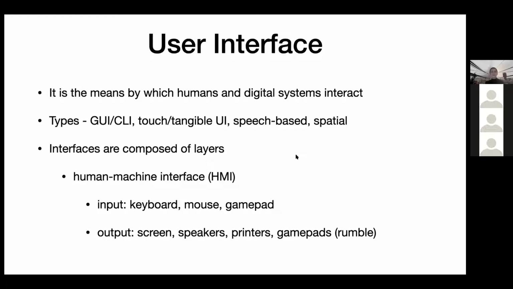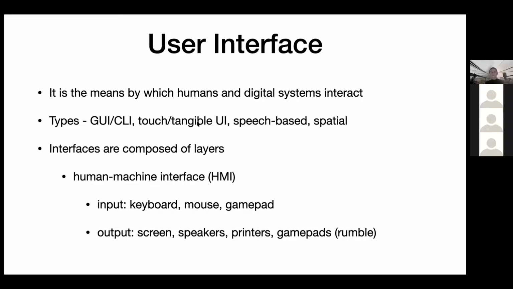All right, so user interface. We all know that this is the means by which we as humans interact with digital content or digital systems. It doesn't matter what system it is, every system has an interface, from thermostats to remote controls. Whether it's a physical interface, it's still an interface. So we just talked about GUIs and CLIs, graphical user interface and command line interface, tangible or touch-based user interface.